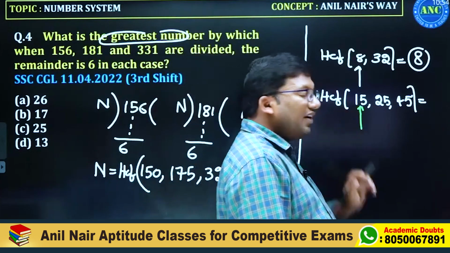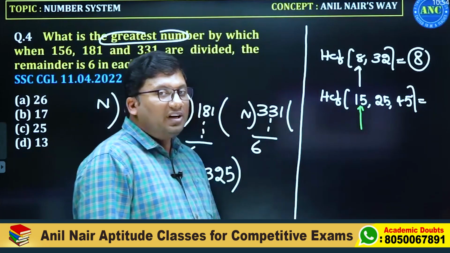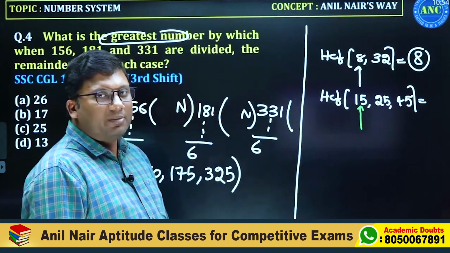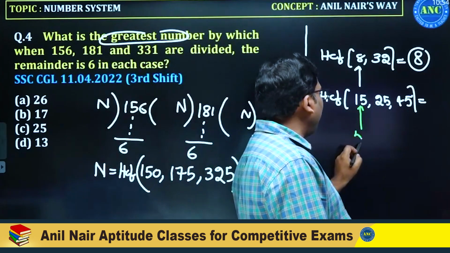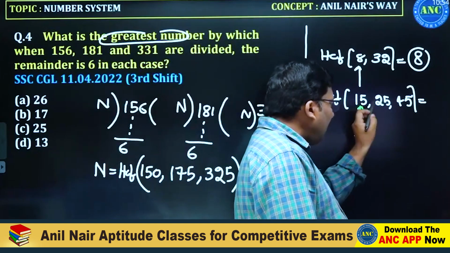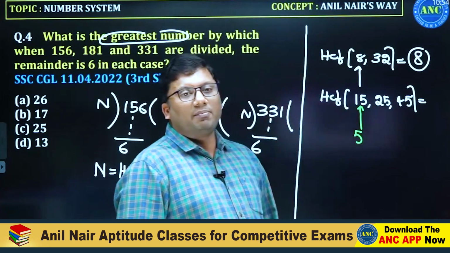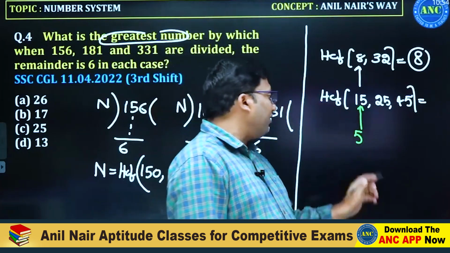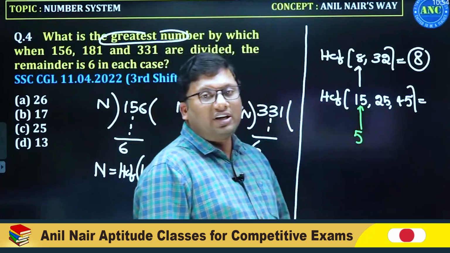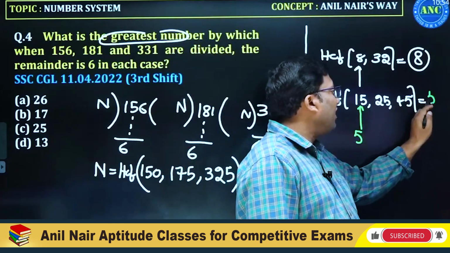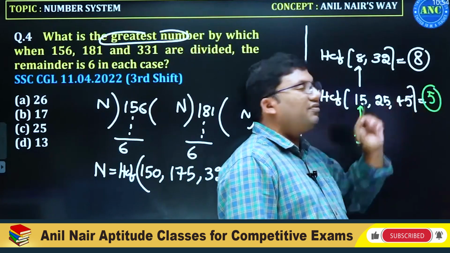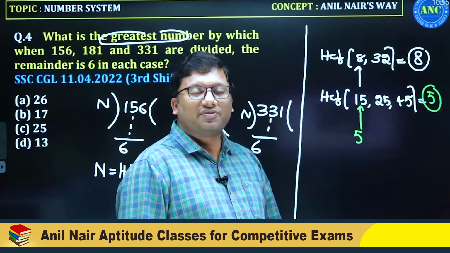Is 15 dividing every number? 25 is not getting divided by 15. So take the factors of 15. A factor of 15 is 5. Is 5 dividing 25? 5 fives are 25. 5 nines are 45. So the answer for this question is 5.